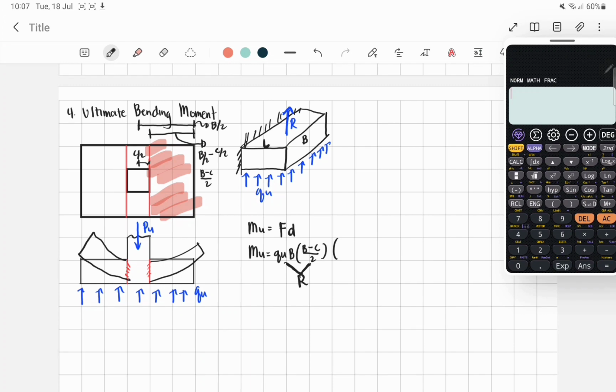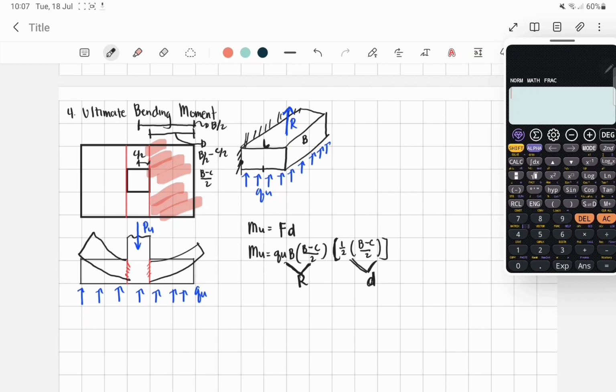Yung load na QU na yan, kukunin natin yung sa rectangular nito is kalahati. Tama? Okay? So, kalahati nung length na yan. That will be our moment arm from this point. Okay? So, that is 1/2 of B minus C all over 2. Okay? So, ito na yung ating lever arm.